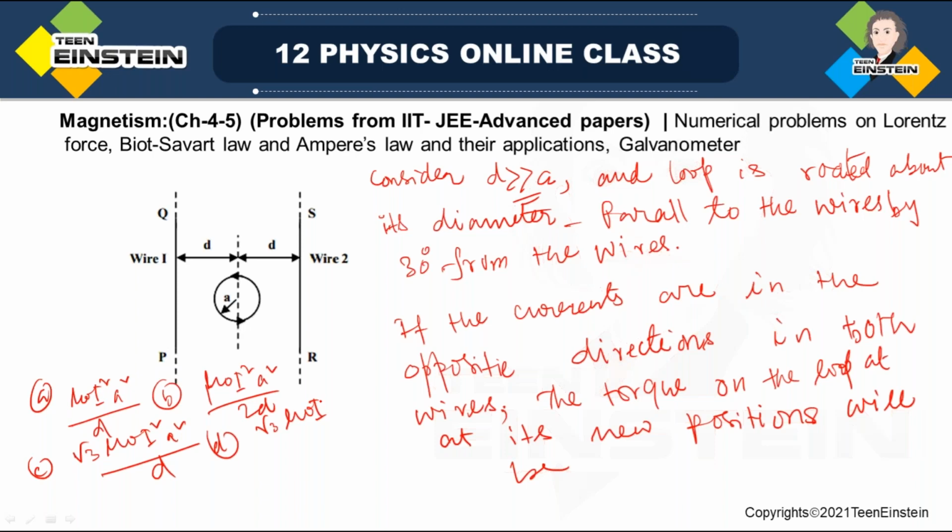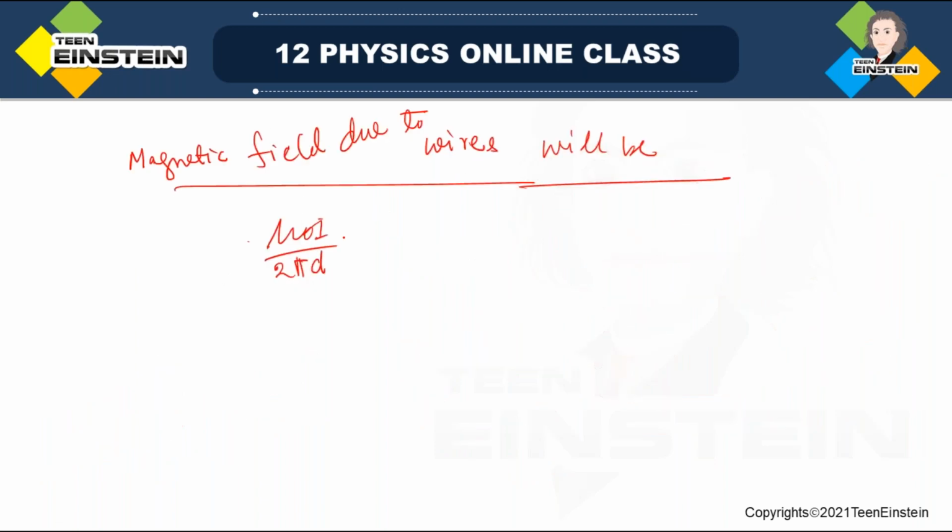Now what is the magnetic moment? Torque means m cross b, or mb sin theta. So we have to first find out what is m. We have got the b anyway.